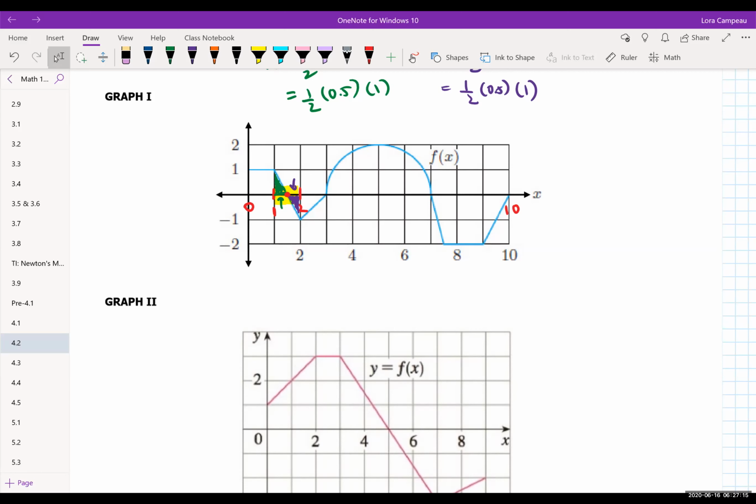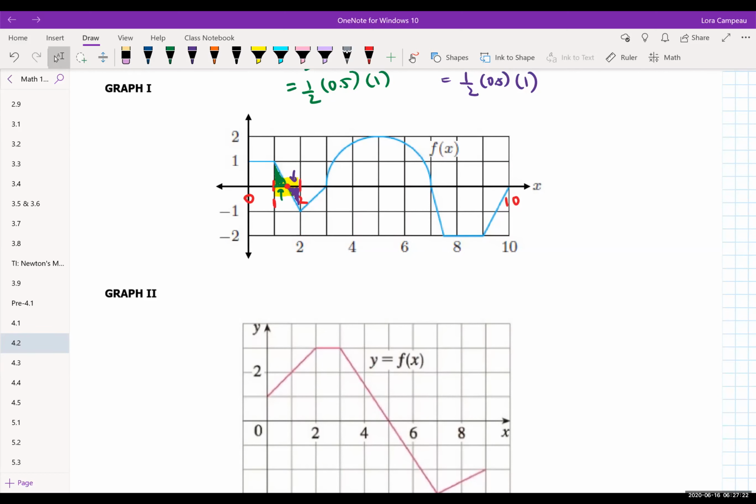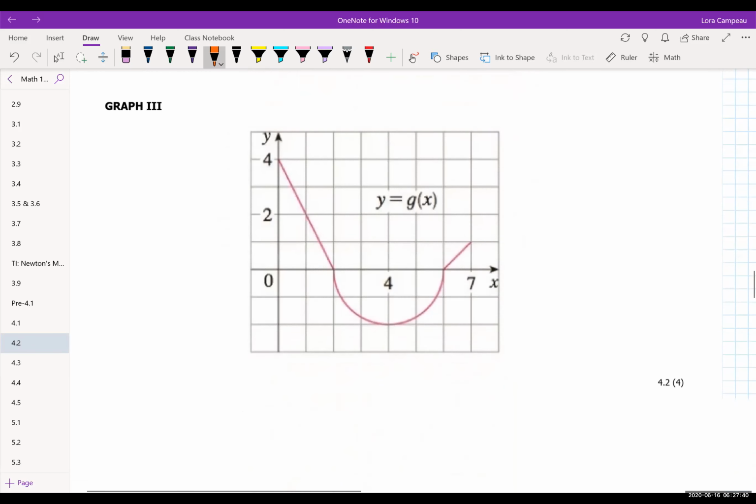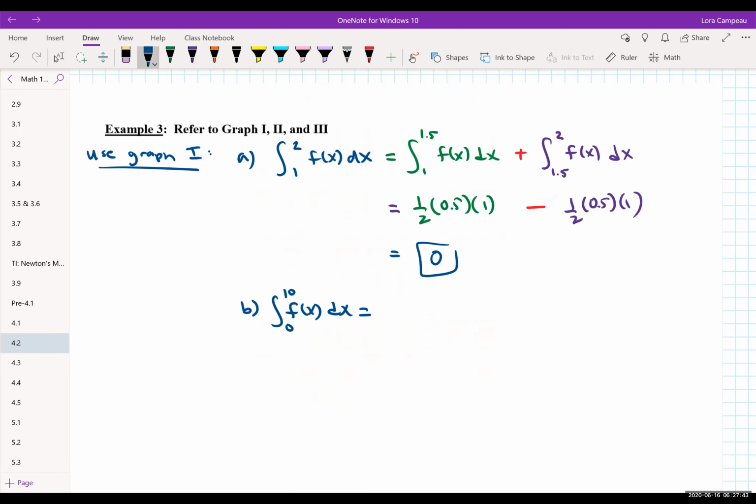I already have the idea of what's happening from 1 to 2, so I could kind of demonstrate this for you. Let's look at the area from 0 to 1. I'll use orange to help you. And you're saying, okay, well, the area from 0 to 1, that looks exactly like a square, and you're right. But let me kind of use notation to help you out. So the first area, I'm going to look from 0 to 1. It's my f of x.